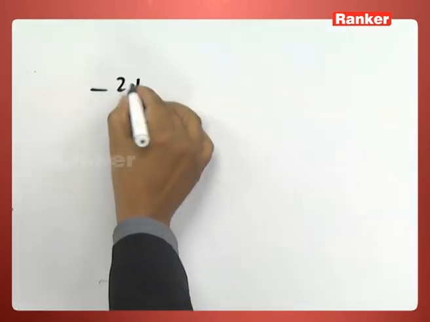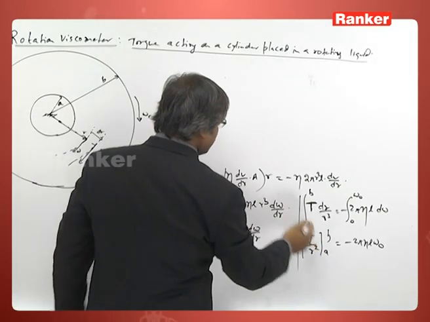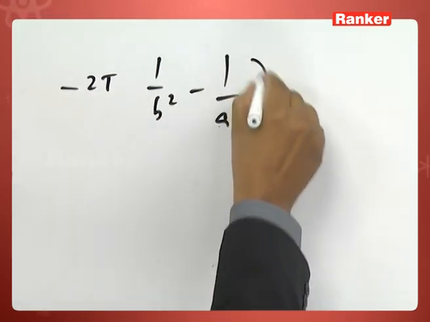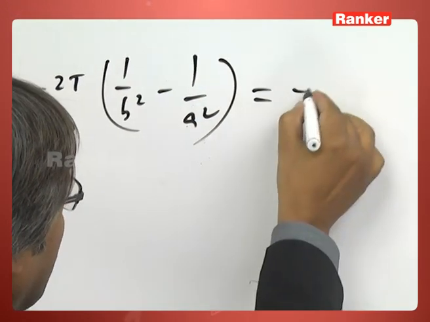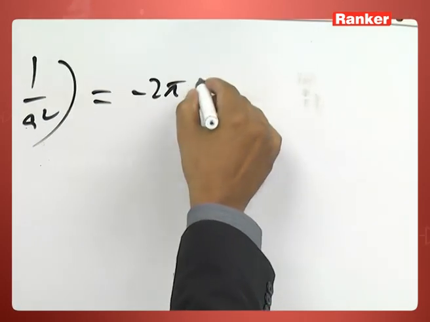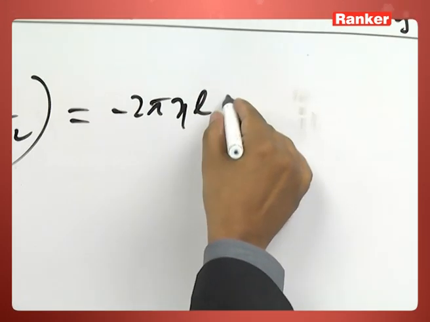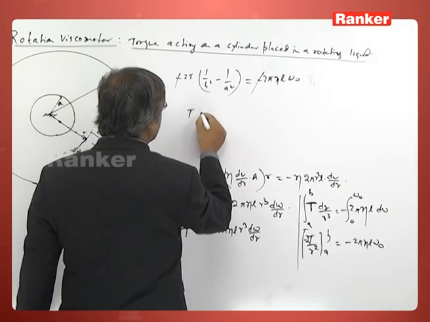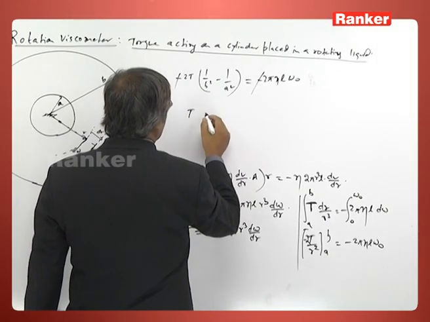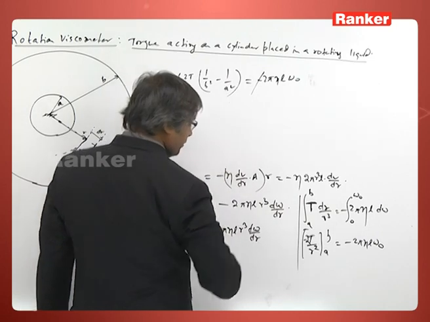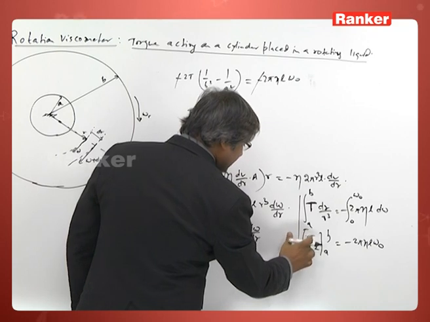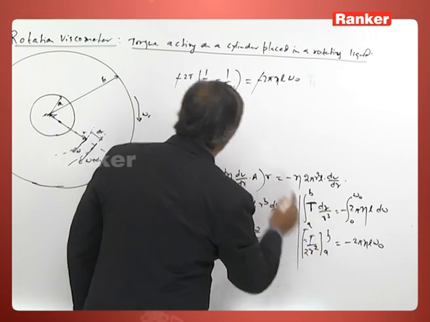So, minus T by 2 into 1 by r square, so 1 by b square minus 1 by a square is equal to minus 2 pi eta L omega naught. This minus minus cancel. So, the torque experienced here will be equal to, so here you see, in the integration the 2 will go to this side, not this side.